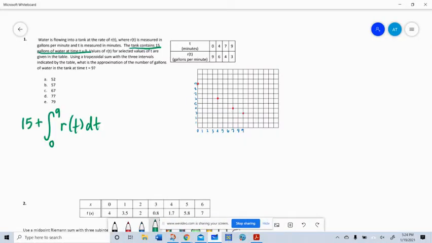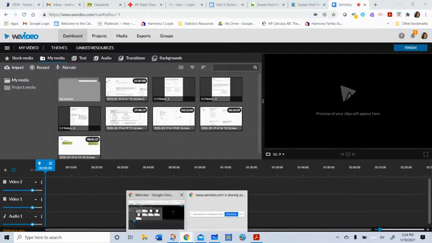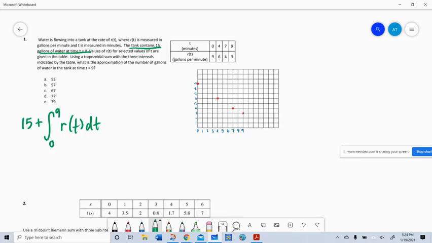We want to approximate this R of T by using a trapezoidal sum with 3 intervals indicated by our table.